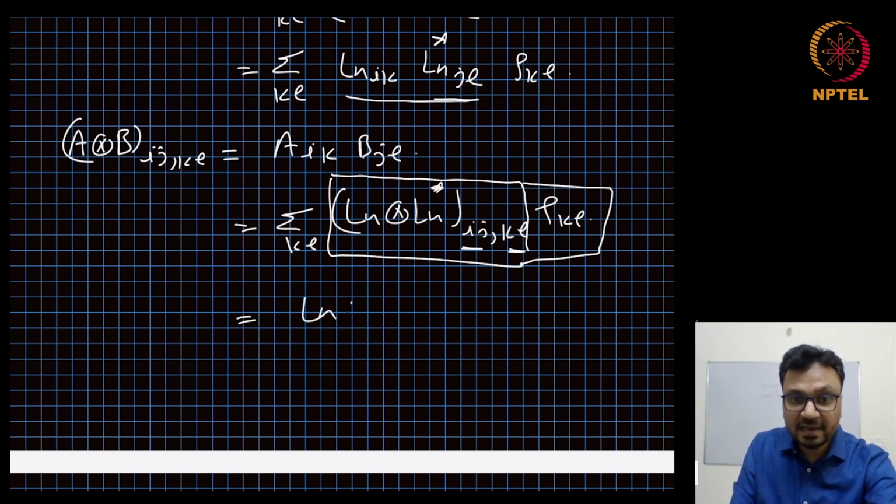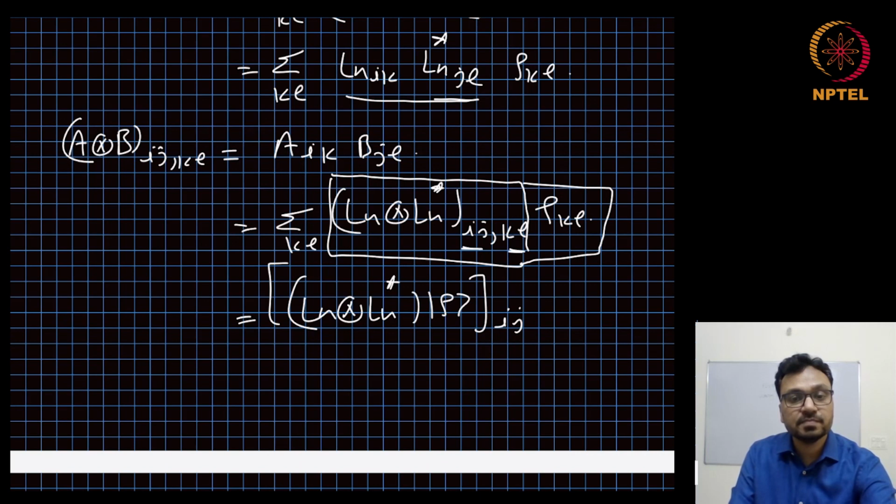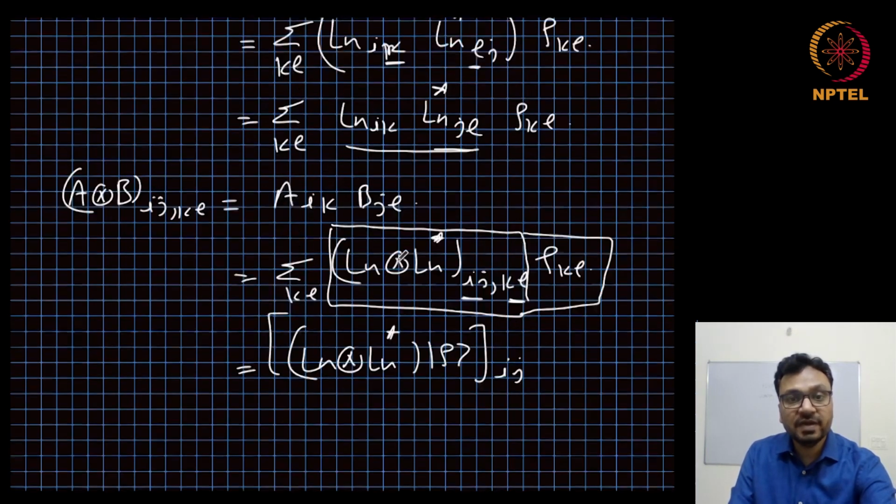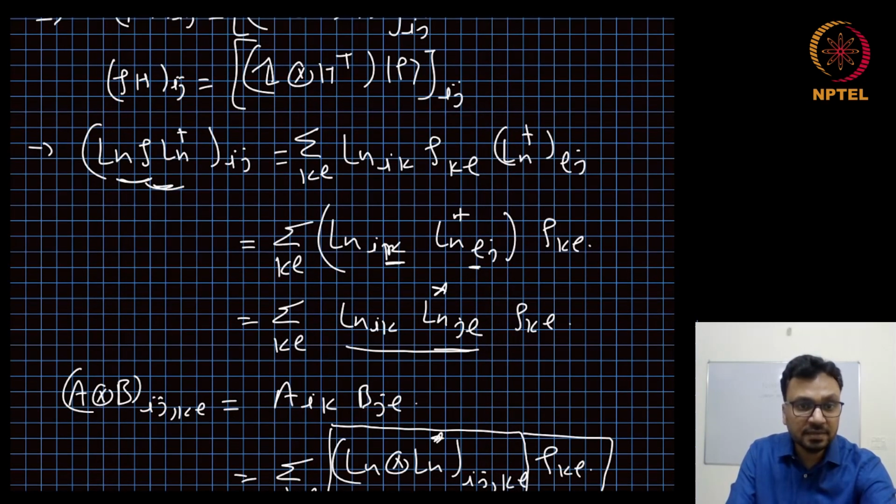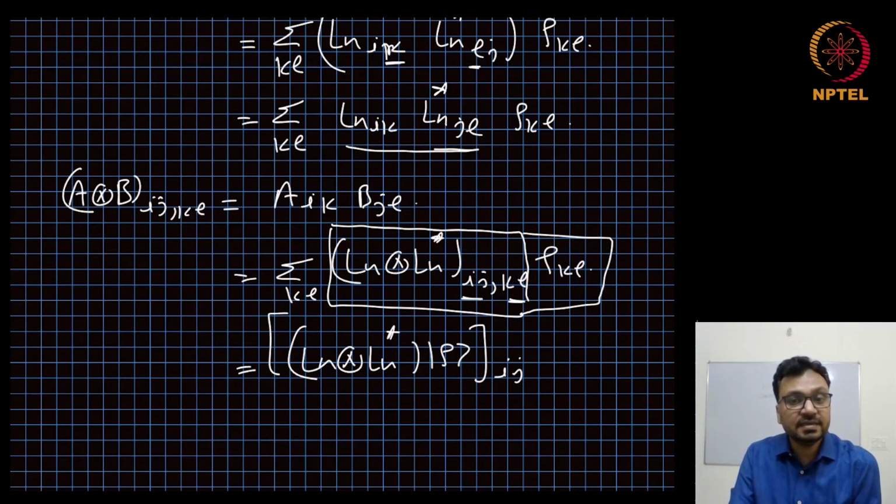So that will be L_n tensor L_n star acting on the vector rho and the element ij. So what we have done is we have taken L_n rho L_n dagger and the ijth element of that, and that is equivalent to L_n tensor L_n star acting on the vector rho, the unfolded matrix rho, and the ijth element of that.